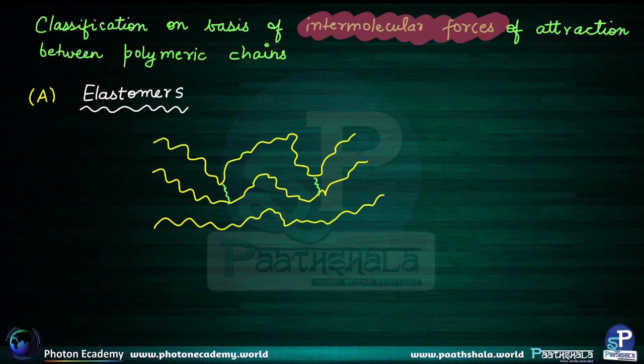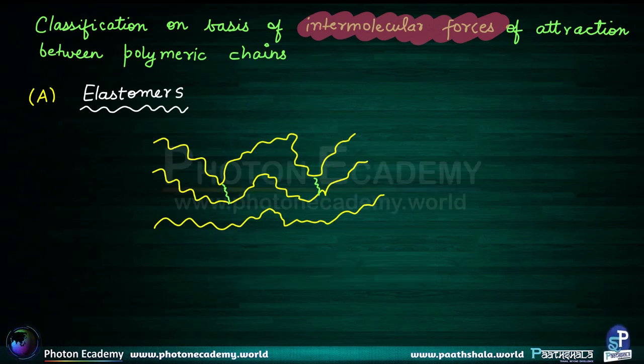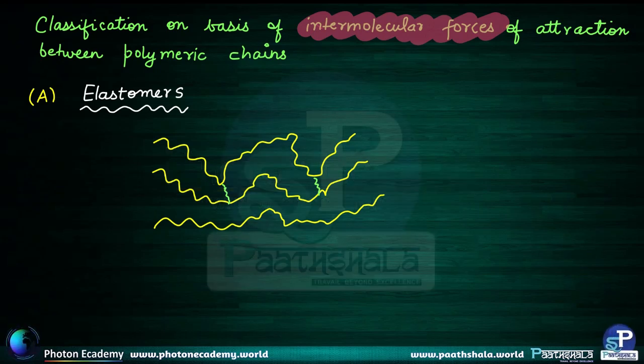And when the force is removed, it comes back to its original state because it was initially coiled up and it had cross linkages which keep them in place. When the force that we were initially applying is removed, the cross linkages are back in action and they coil up the elastomers to their original position.